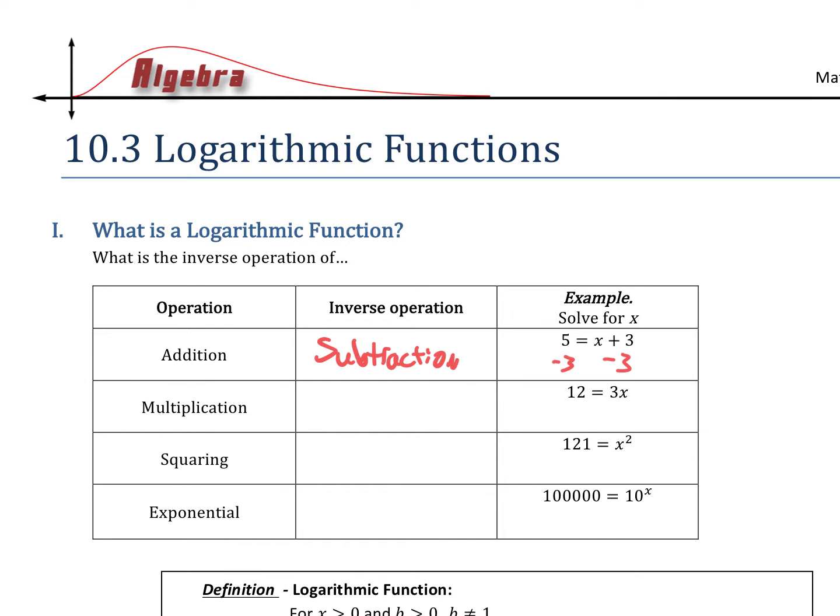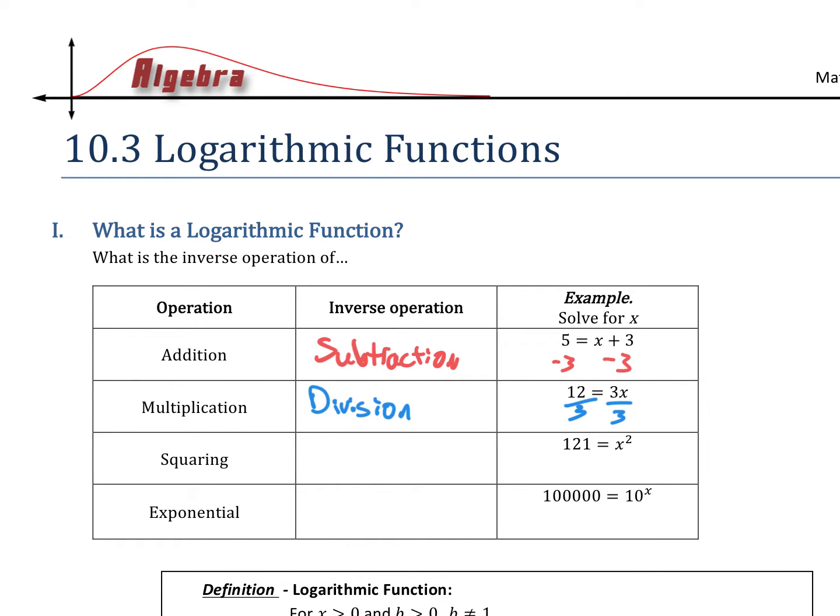Well, what about multiplication? If we have 3 times x equals 12, what can we do to undo this? We can divide, right? So the inverse operation of multiplication is division. So division is the inverse of multiplication. Kind of the opposite. It undoes it.